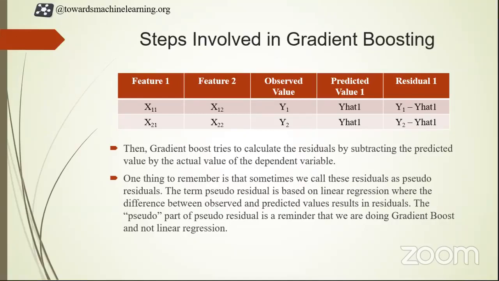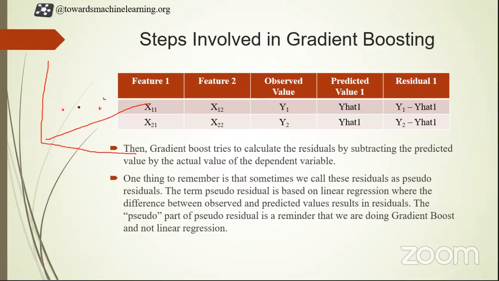Let me explain with a diagram. When we do linear regression, say we have this line, and some points here, these are some samples.